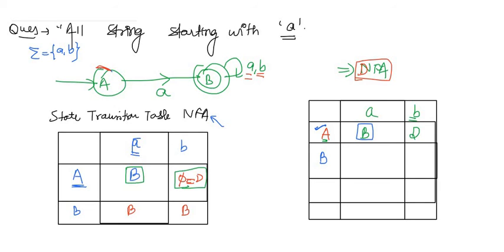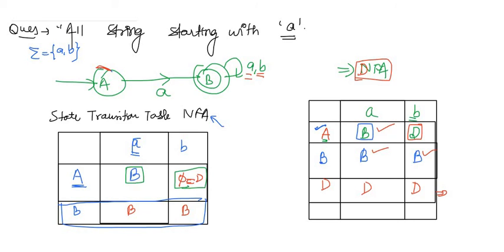Now if we observe the transitions for state B in the state transition table of NFA, we will find that we have two transitions: B on small a reaches state B, and B on small b remains on state B. So we have already constructed the transition table for B. Now we need to construct the transitions for D. But D, we already know, is a dead state, and for a dead state, on all transitions we remain on that dead state. So this is the state transition table for DFA.